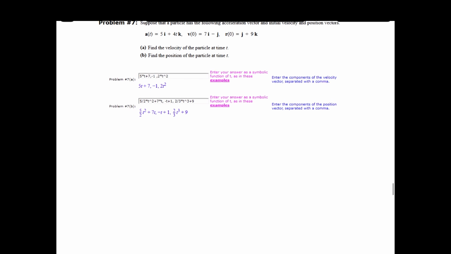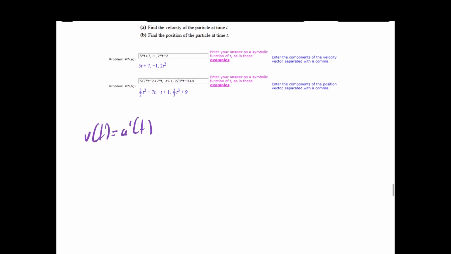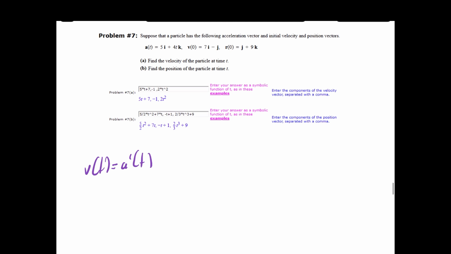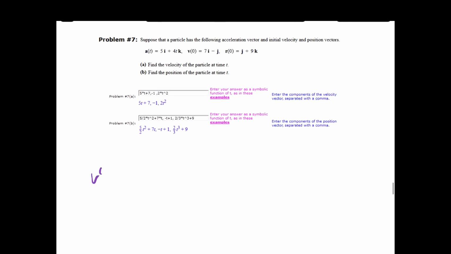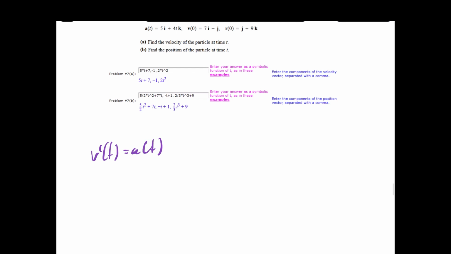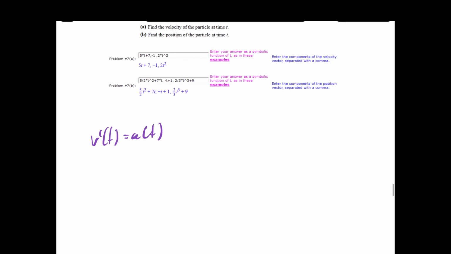Okay, so if v of t equals a prime of t, oh, sorry, what am I talking about? No. When I wrote that down, I sensed something's wrong. So v prime of t equals a of t, which means if we want v of t, then we have to take the integral of a of t.